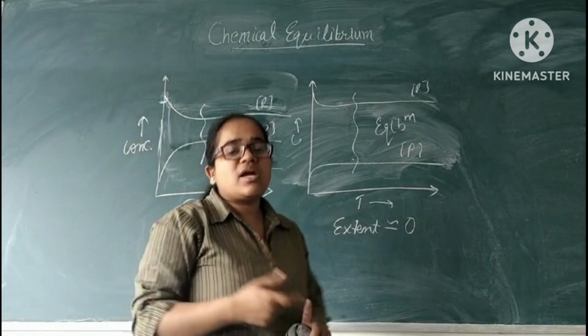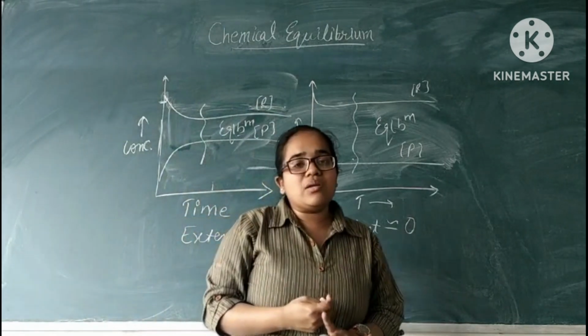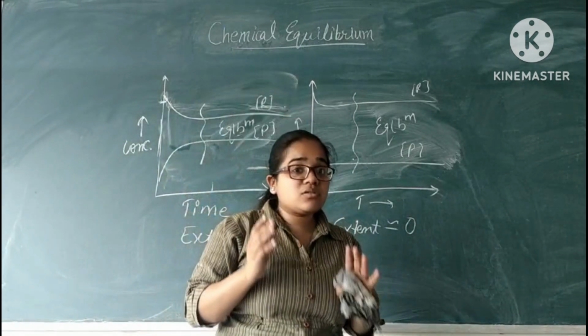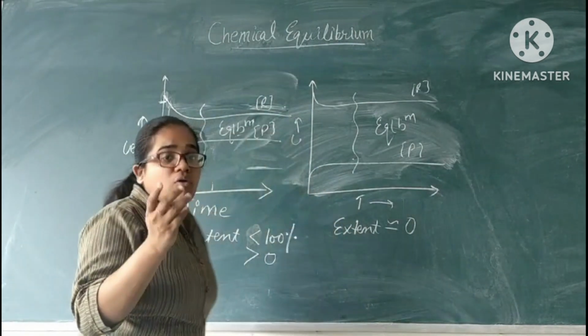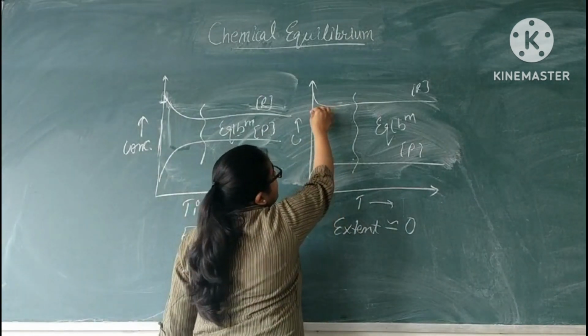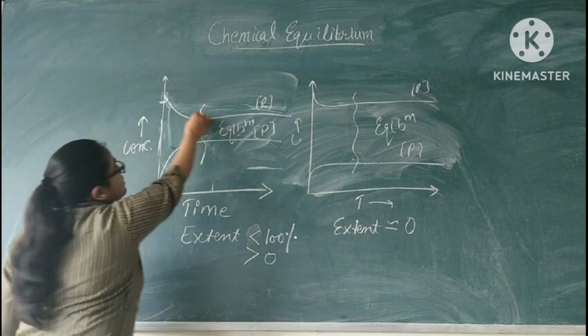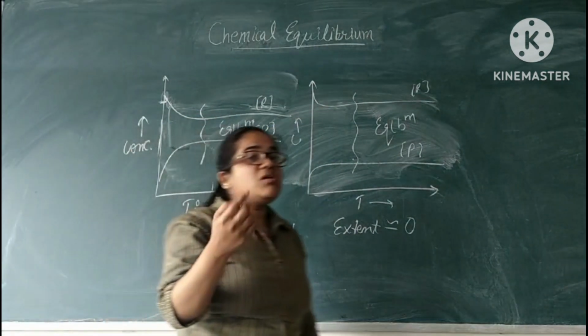Now, as we know, the extent of the reaction is studied by equilibrium, but we must know how we will get to know the extent of the reaction. Obviously, we can use the graph. From the graph, we can come to know what the concentration of the reactant that is being converted is and what the concentration of the product that is being formed is.